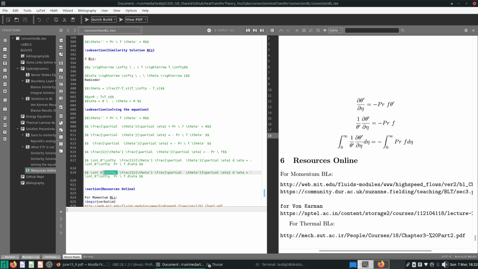So the theta prime at eta equals infinity, we don't know what that is, and theta prime at eta equals 0.